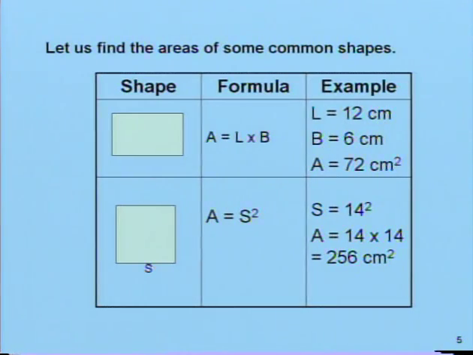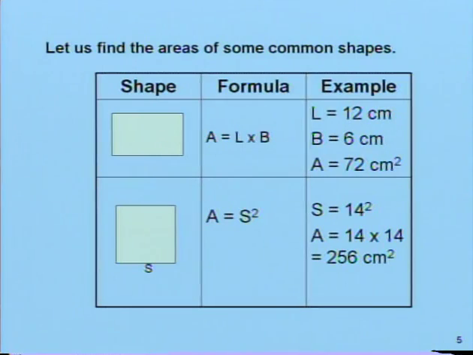In the next example, we have a square of side S. The area for the square is expressed as A is equal to S squared, that is S multiplied by S. If S is given as 14, A is equal to 14 times 14.